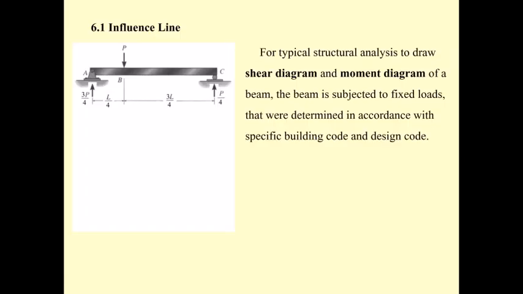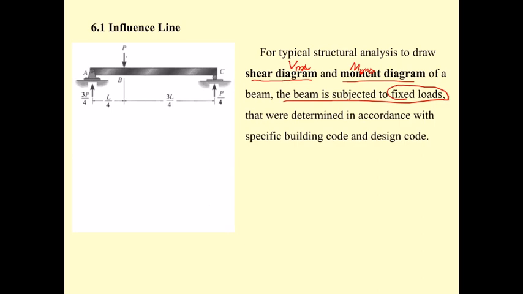Okay, let us come back to the concept of shear and moment diagrams. As you may see, we draw this diagram to get the Vmax and to get the Mmax. This diagram though is based on what? Based on the beam being subjected to a fixed load.